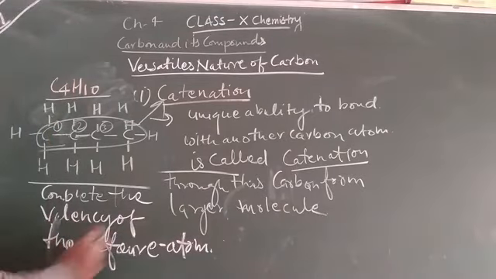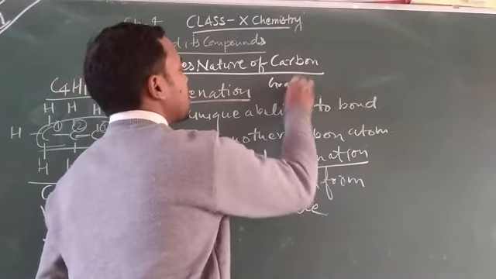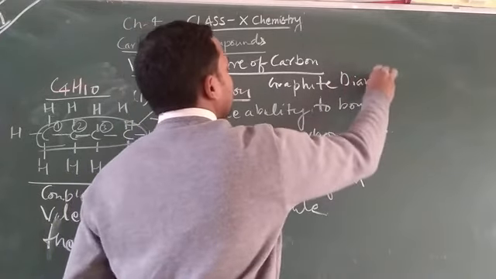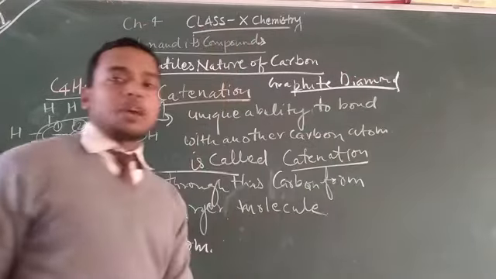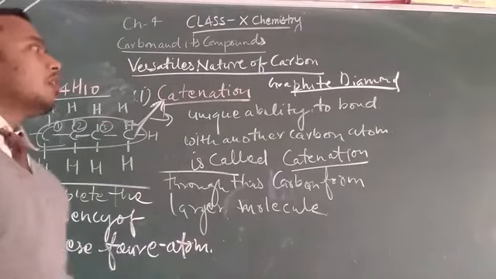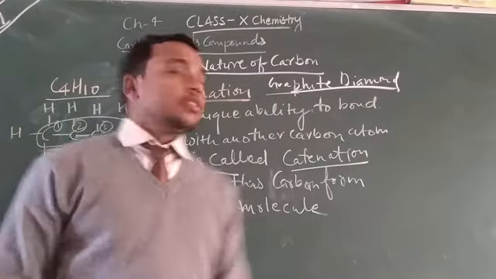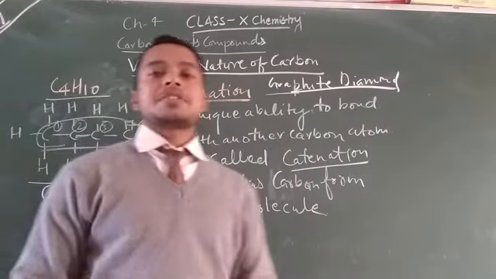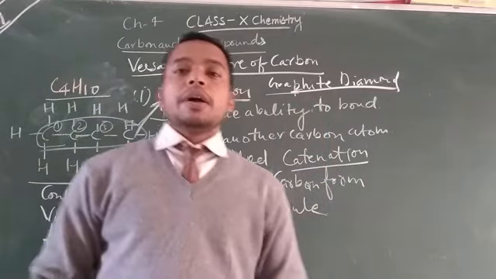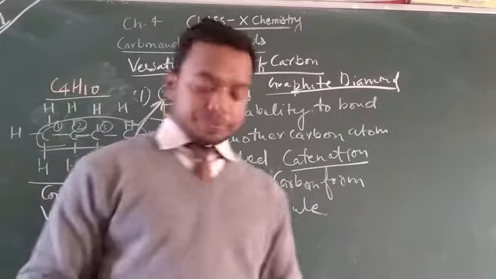If you take the example of graphite and diamond, these are forms of carbon through which this phenomenon forms different types of compounds, and they are very hard substances compared to metals.